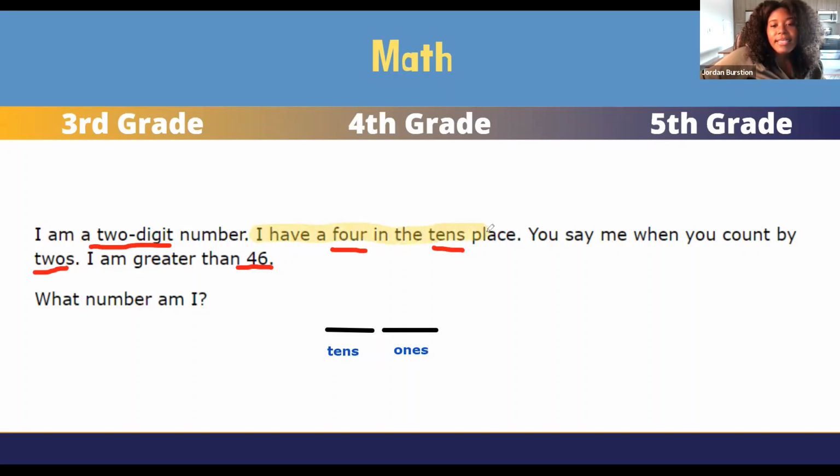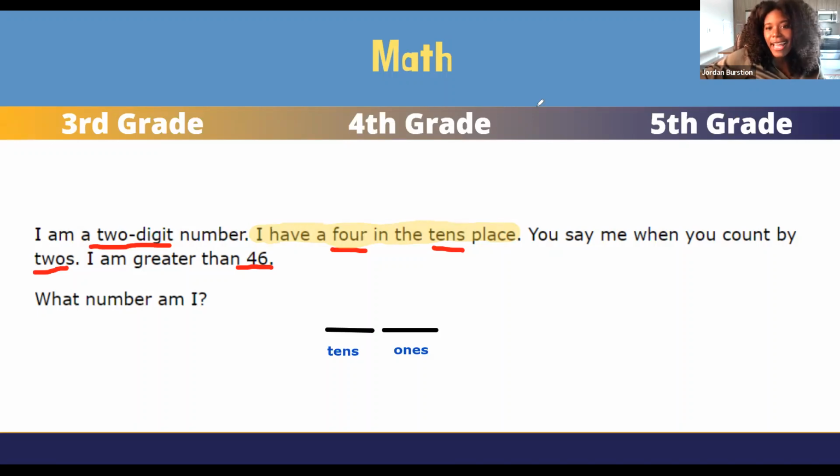They gave us a hint to help us out. I just highlighted in yellow to see if you can see it. Four, yes, they told us that there's a 4 in the tens place.